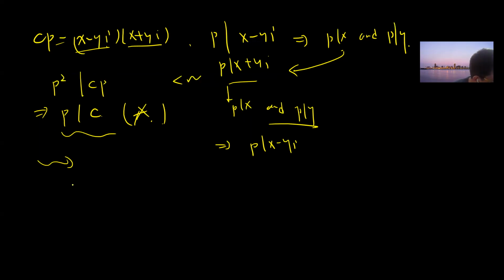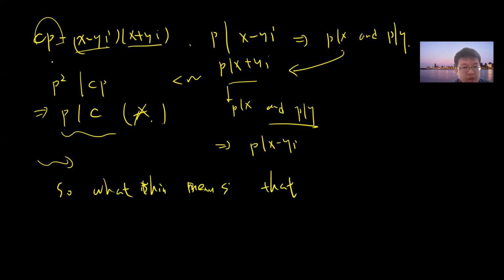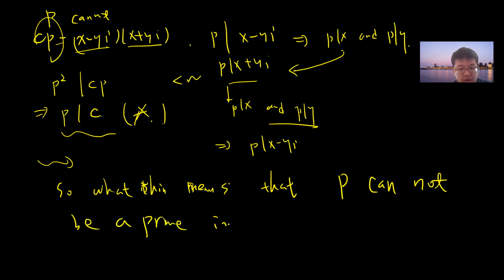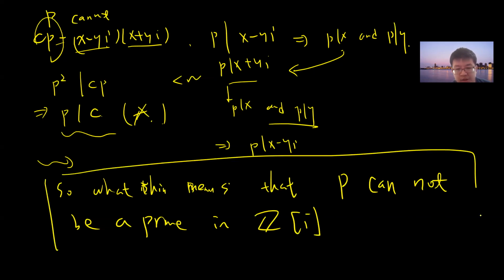What this means is that p cannot be a prime in the Gaussian integers.